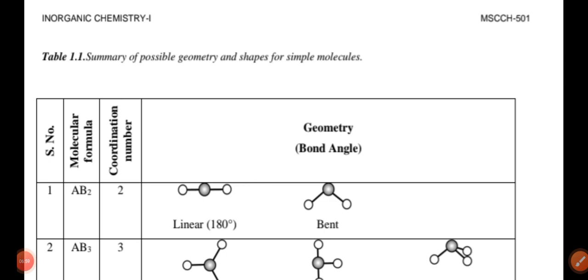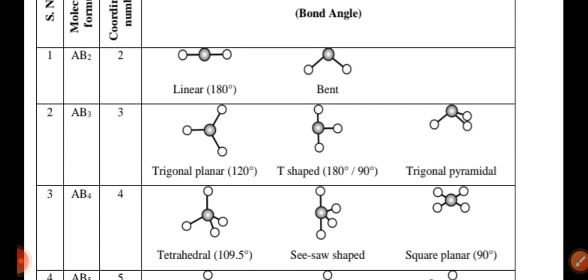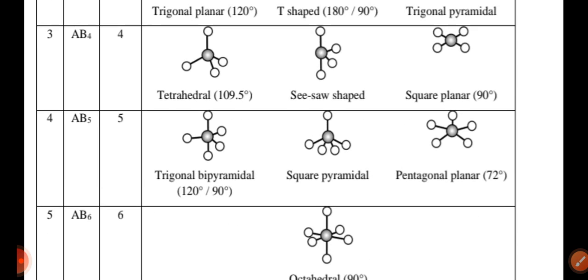Molecular formula AB2, coordination number 2: linear, 180 degrees, or bent. AB3, coordination number 3: trigonal planar, 120 degrees; T-shape, 90 degrees; trigonal pyramid. AB4, coordination number 4: tetrahedral, 109.5 degrees; seesaw shape; square planar, 90 degrees.